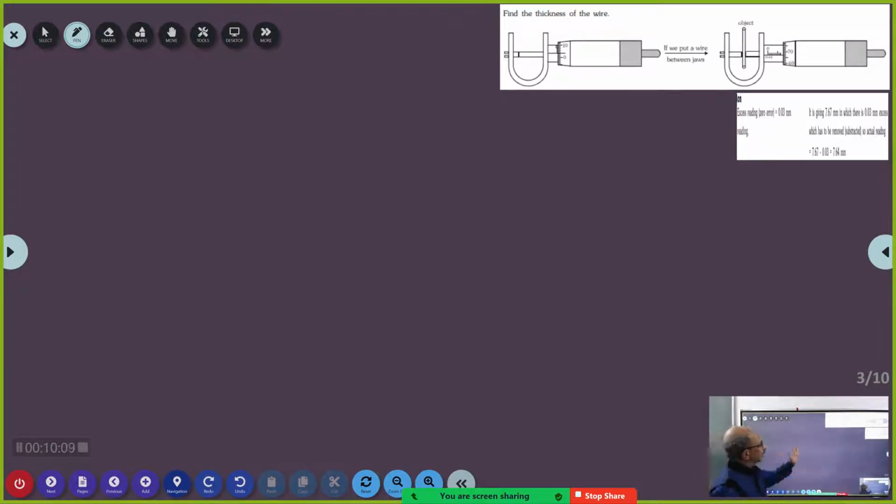So now let's look at this problem. Find the thickness of the wire. If you put a wire between the jaws, here, but I don't think you can see from there. Can you see what the readings are there? Can you see the readings? No. Can you enlarge them? Can I enlarge? I think I'll enlarge. Then you will be able to see.